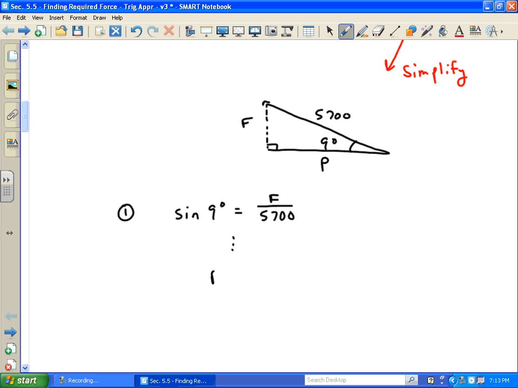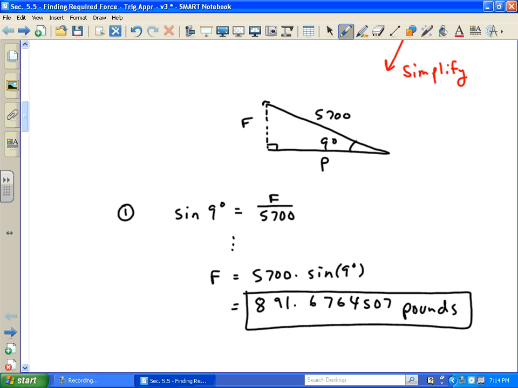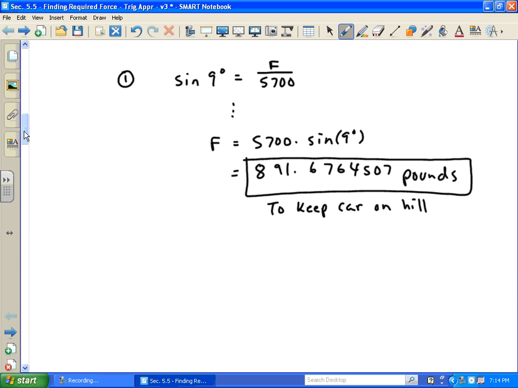If I solve for F, I get F is 5700 times sine of 9 degrees. Plug that in your calculator, make sure you use degree mode, and you get 891.6764507, and this would be pounds, because this is a force. So it takes this many pounds of force to keep the car on the hill. That's how many pounds of force is required to keep that car from rolling down the hill.